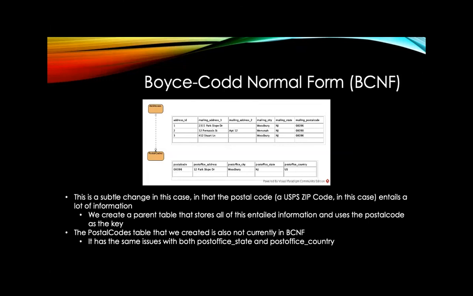So you have to go through and do those updates to specify that now all of these addresses are served by a whole new postal code. So when I did this in the table, I ended up using mailing postal code as my primary key for the postal code table, as opposed to a synthetic key.